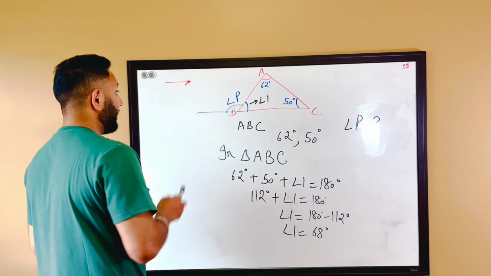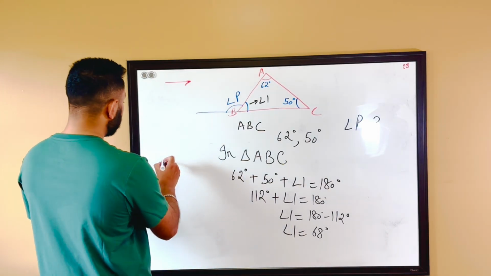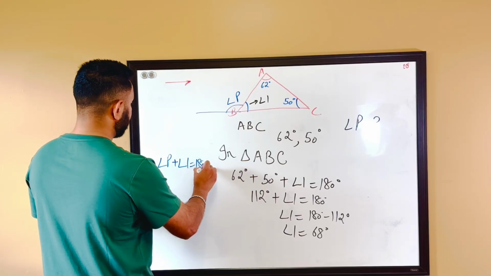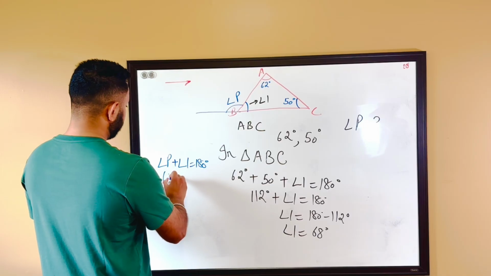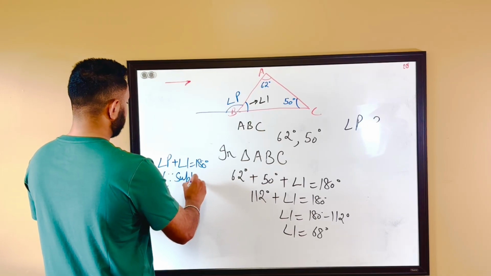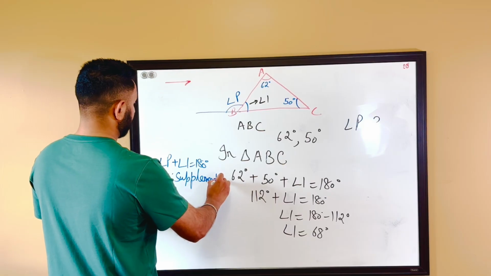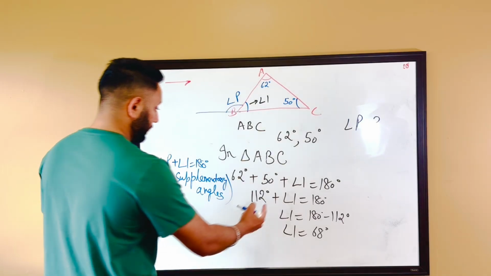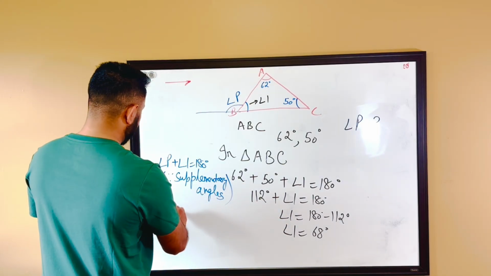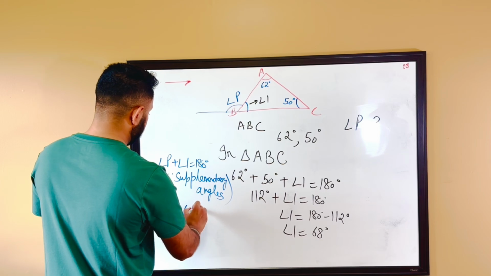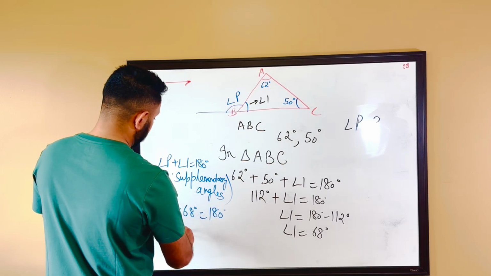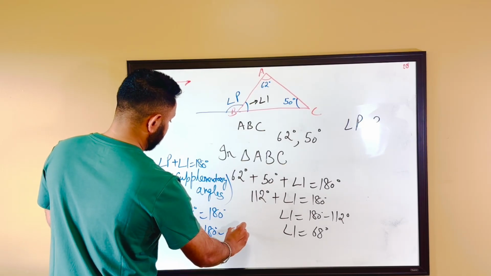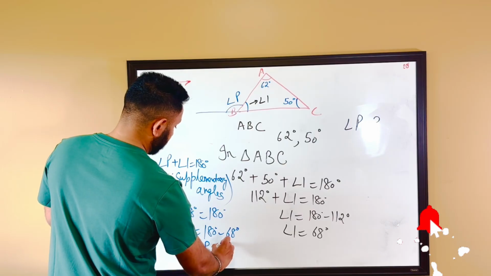But we need to find angle P. Also, angle P plus angle 1 is 180 degrees, because they are supplementary angles. So just put this value here: angle P plus 68, so angle P comes out to be 180 minus 68. So angle P is 112.